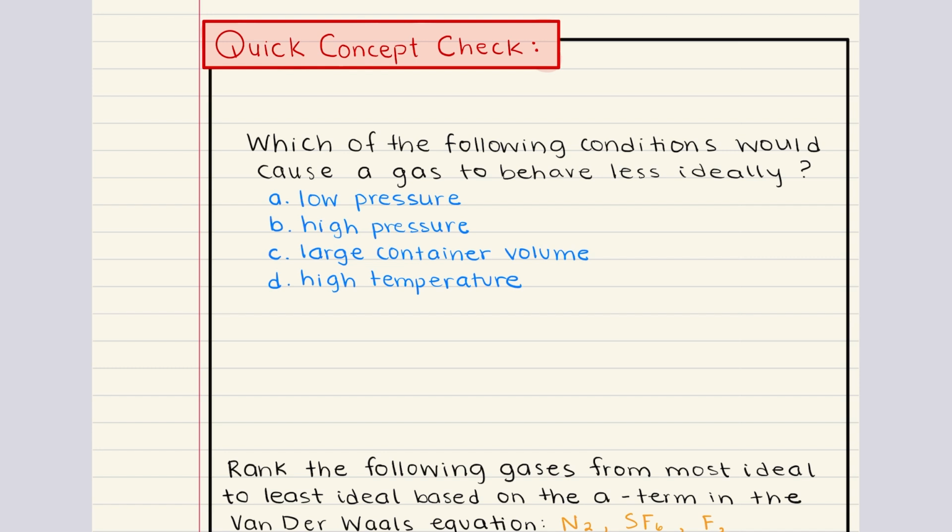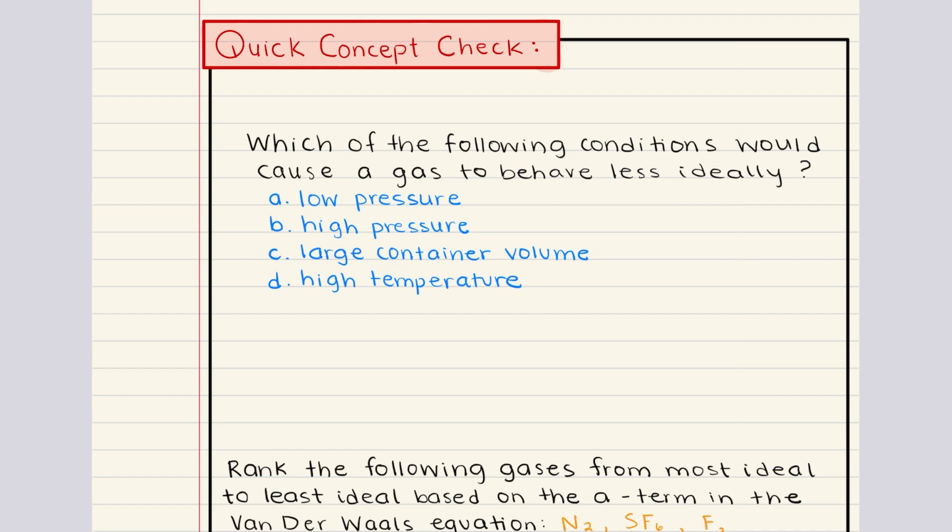However, gases deviate from ideal behavior under conditions where these assumptions start to break down. So high pressures, because they force molecules closer together, making molecular volume significant and causing interactions. And also low temperatures, because they slow molecules down, making attractive forces more noticeable.